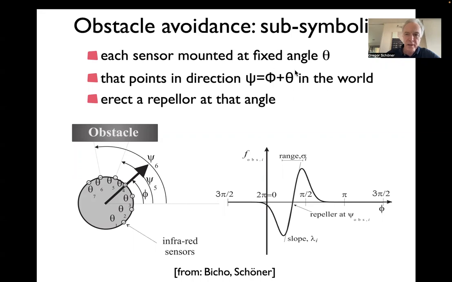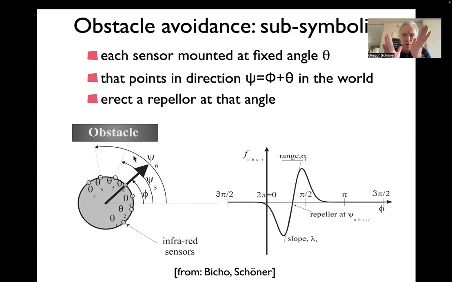So if you add that angle on the robot to the heading direction, you get where in the world this sensor is heading. And then you would erect a repeller in the direction in which the sensor is pointing, with a range that reflects the angular sensitivity of the sensor.